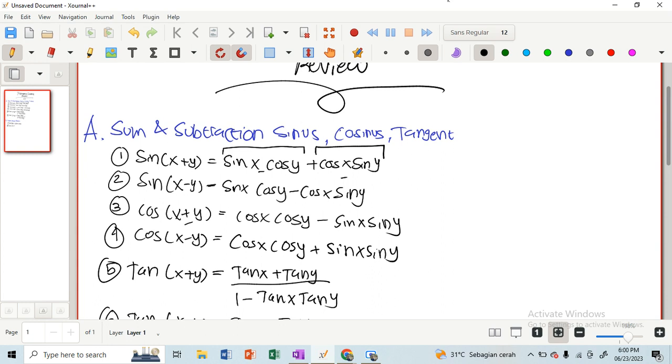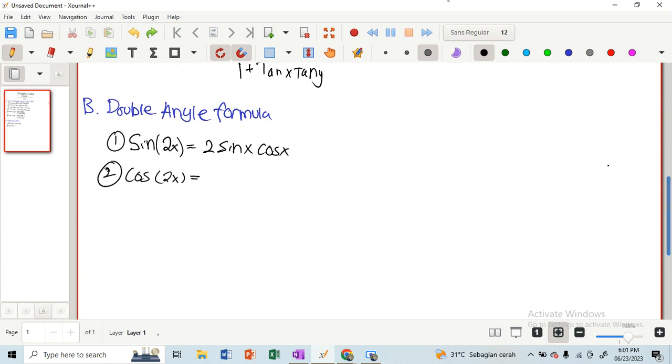If we expand it, it will be cosine x times cosine x minus sine x times sine x, so it will be cosine squared x minus sine squared x, right?